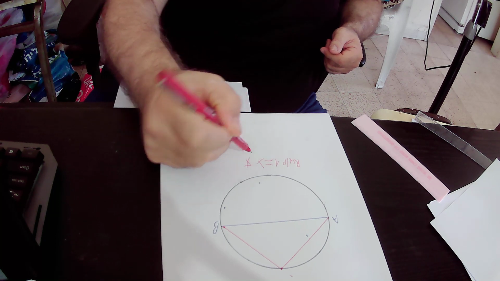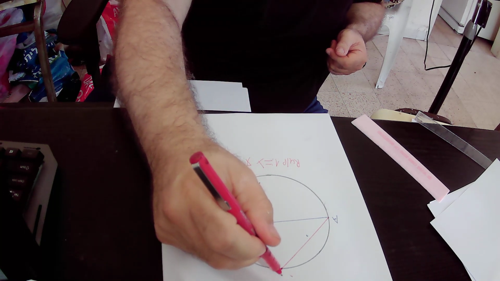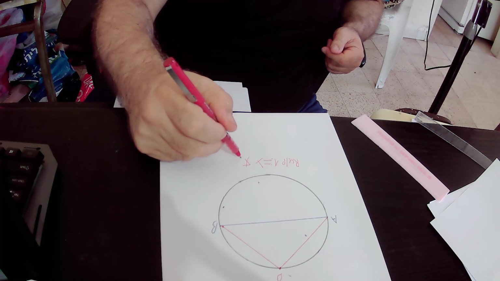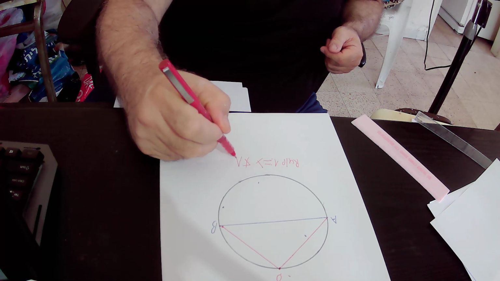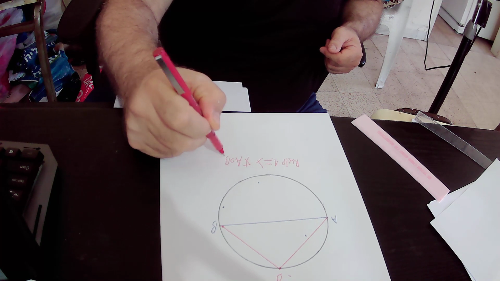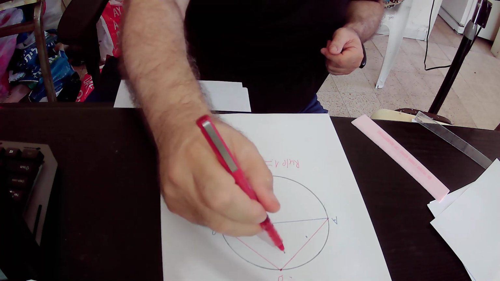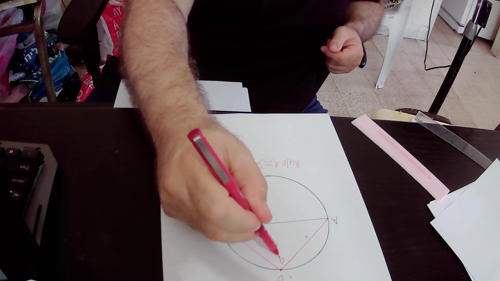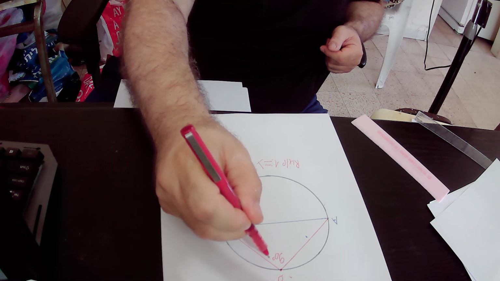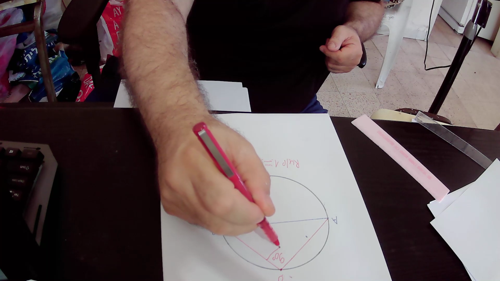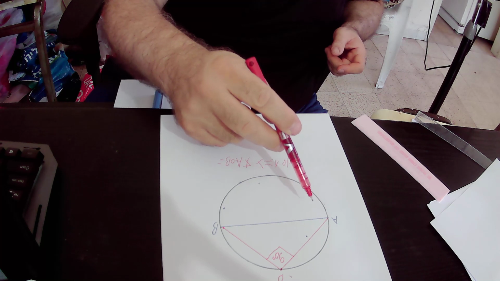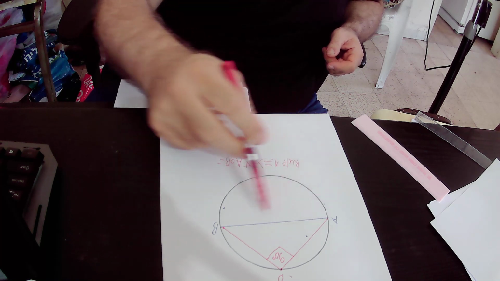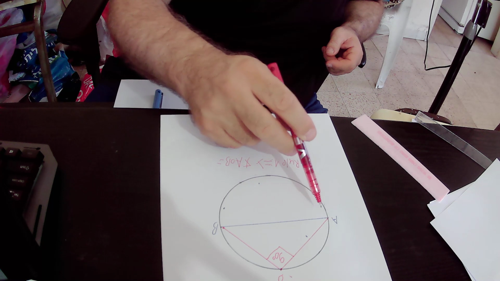Angle AOB, according to rule number 1, equals to 90 degrees, because it rests on the diameter of the circle.